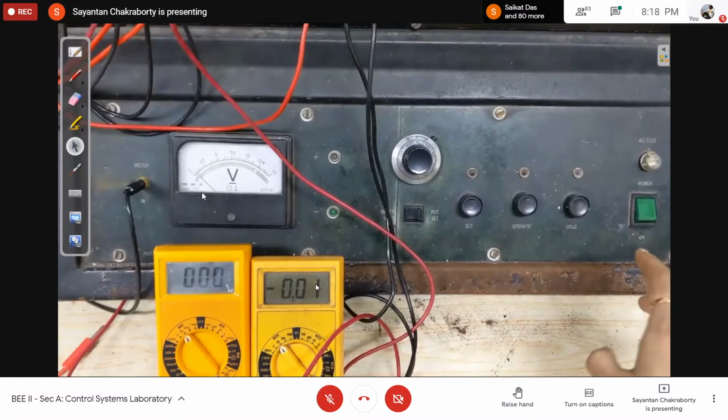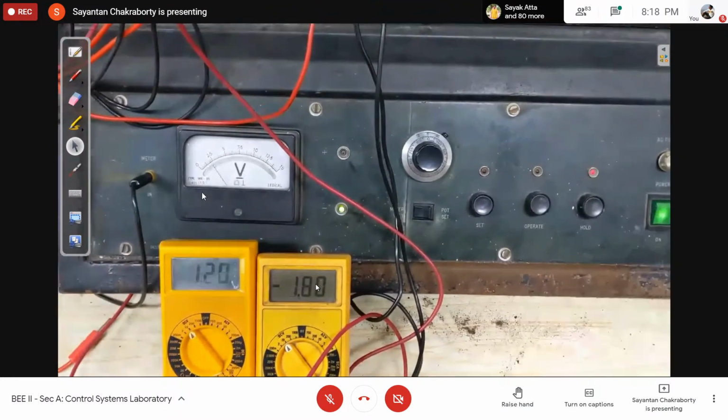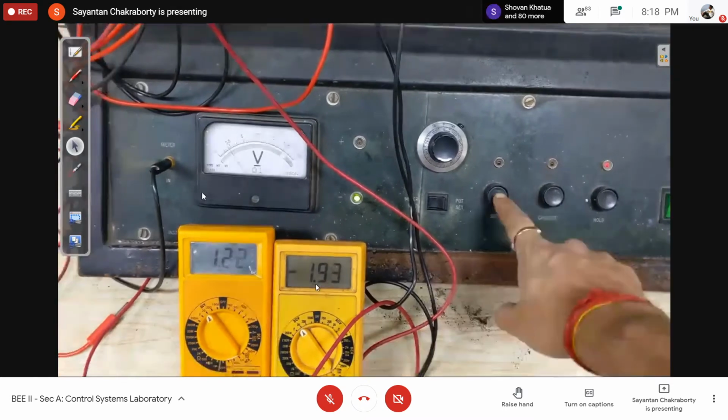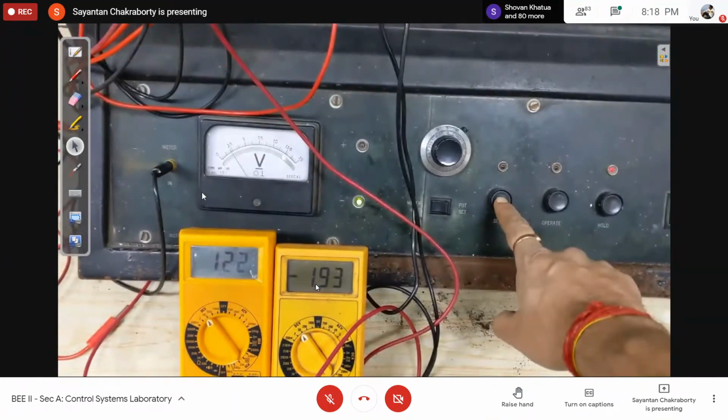The output of the integrator is 0. There's no input connected because this power is switched off. As soon as you start the power, the input is 1.2, and there is some stray capacitance, so there is an initial value on the integrator, but the initial condition has not yet been impressed. So I am now pressing the set button.